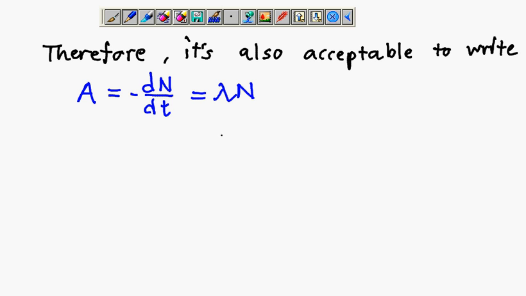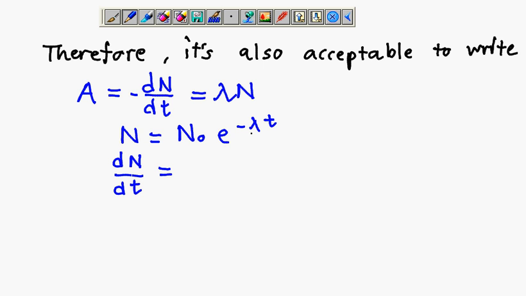So if you have N equals N naught e to the negative lambda t, and you set negative dN/dt, you will differentiate this expression with respect to t.